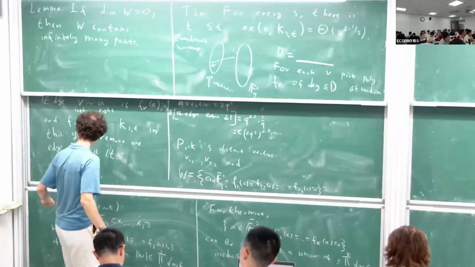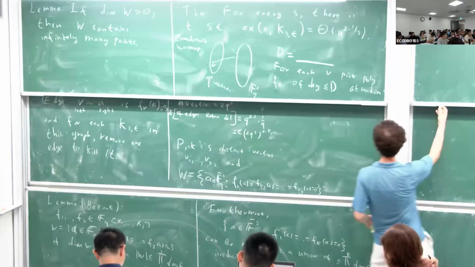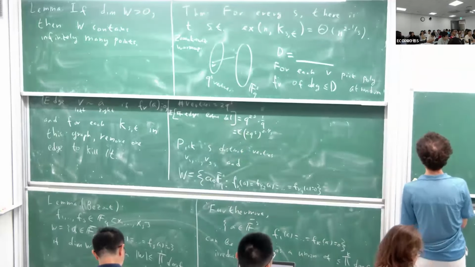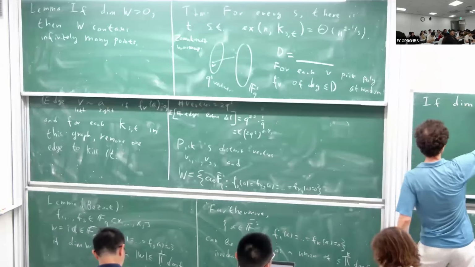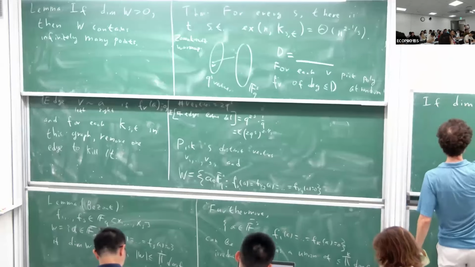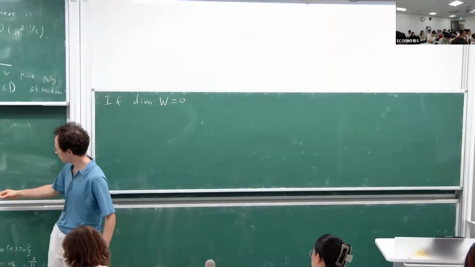So if this variety happens to be zero dimensional, if the dimension of W is 0, and again, we usually expect its dimension to be 0.